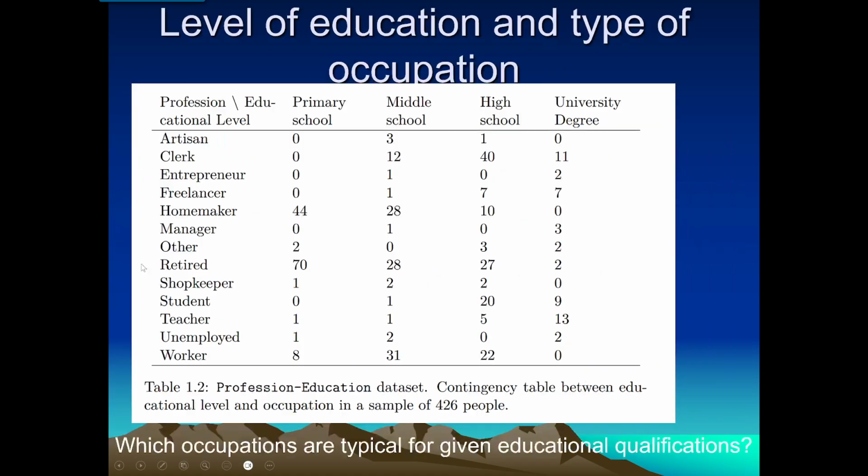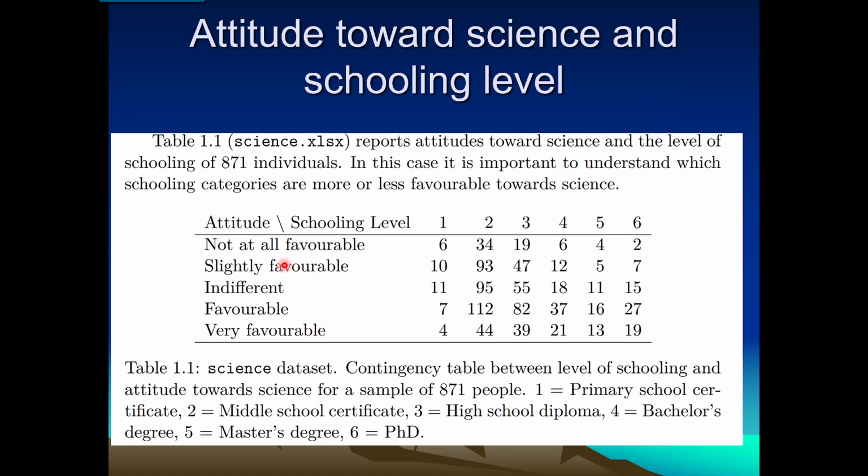Okay, what are the rows which are mainly associated with which column? What are the combinations of rows and columns that are mainly deviant, that deviate most from the hypothesis of independence? Right.